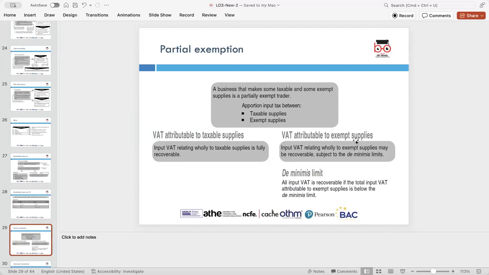Input tax relating wholly to taxable supplies is fully recoverable. Input VAT relating wholly to exempt supplies may be recoverable, subject to de minimis limits. So if the total input VAT attributable to exempt supplies is below the de minimis limit, all input tax is recoverable.